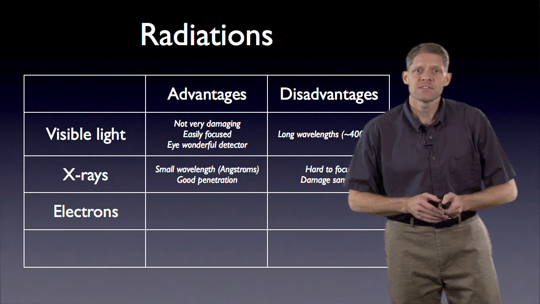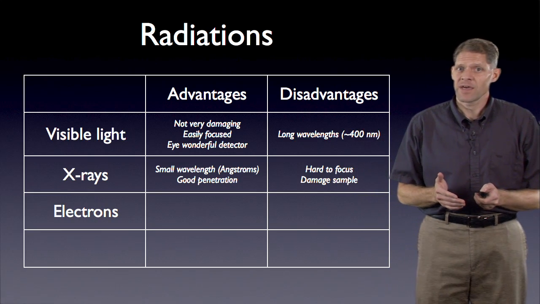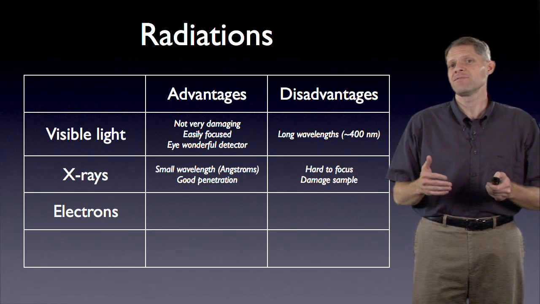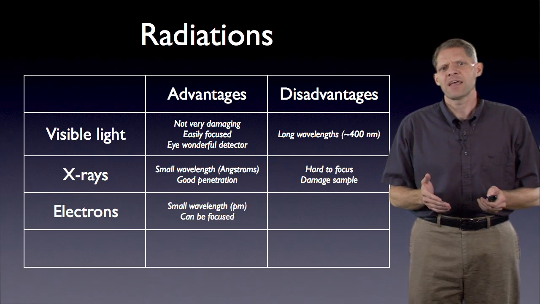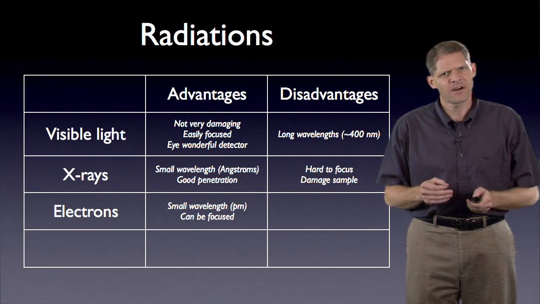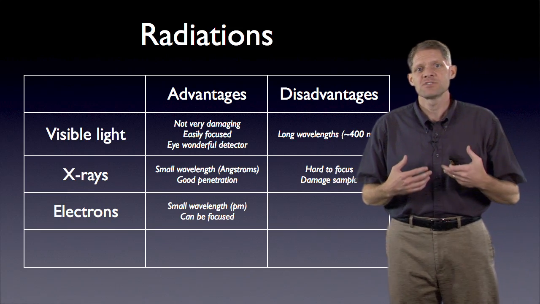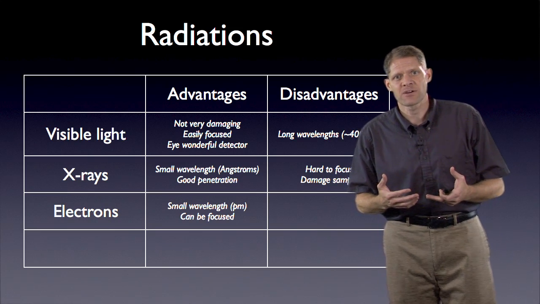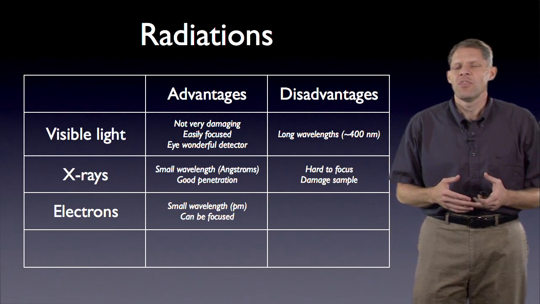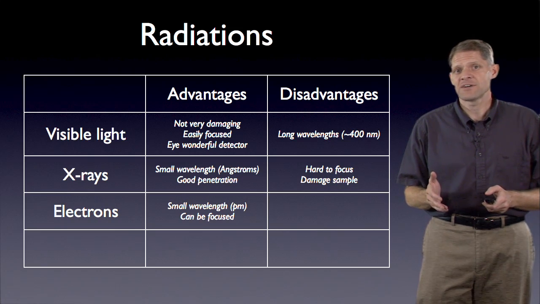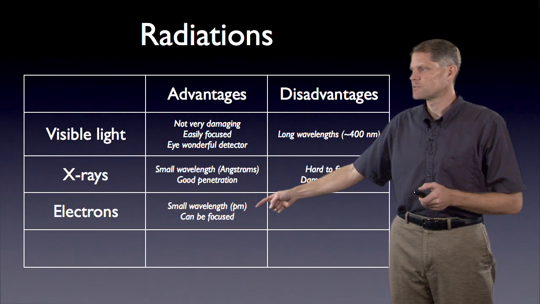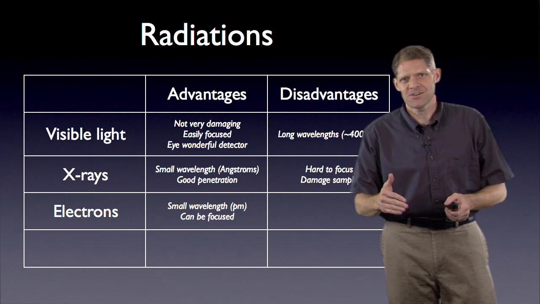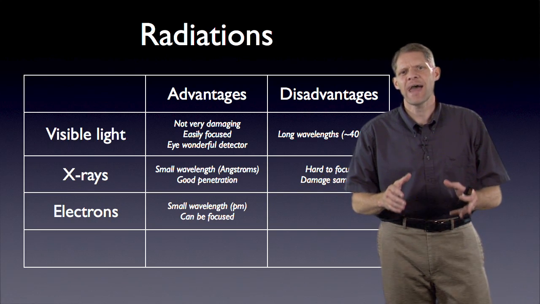And as soon as it was discovered that electrons also have a wave-like property, it was realized that the wavelengths could be made very small. In fact, the electrons that we typically use in our electron microscope at Caltech, they're accelerated to 300,000 volts. Their wavelength is just in the picometers, orders of magnitude smaller than a single atom.